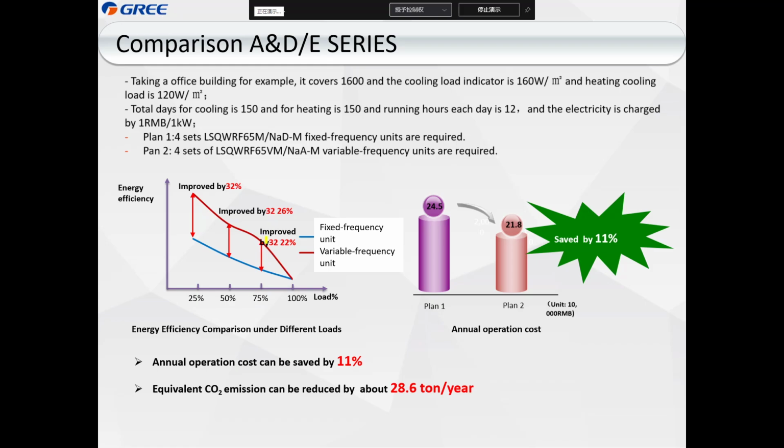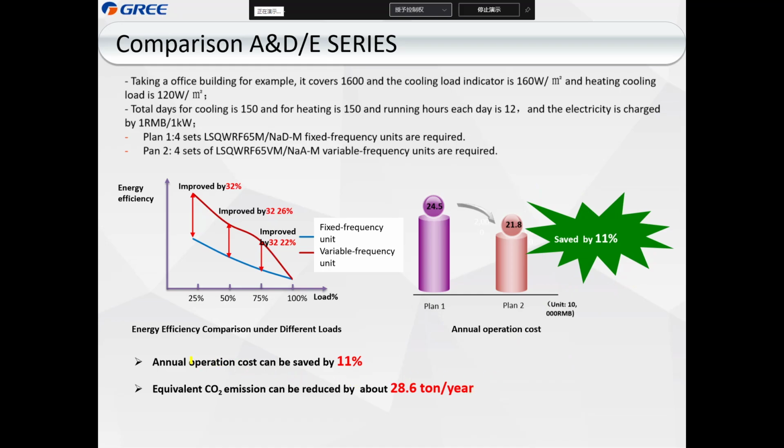At part load, it can increase by 32%. So from this data, we can draw the conclusion that for the inverter unit, we can save a lot of energy. This data is saved by 11%.